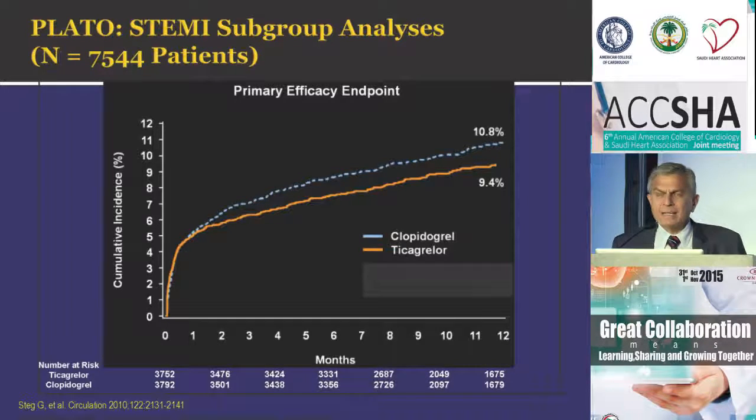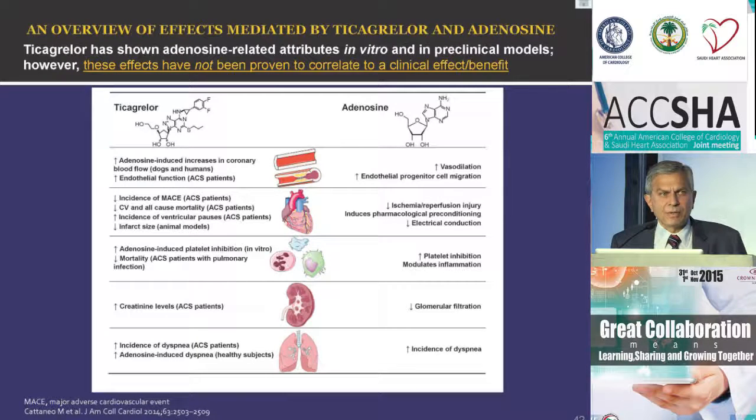Now, one side effect I want to bring to your attention, which I'm sure you're familiar with, those of you who use it. But first of all, let me remind you that part of the chemical structure of ticagrelor resembles adenosine. And that's why you're going to have some adenosine-like effects.